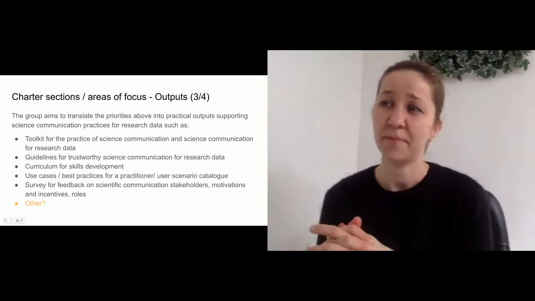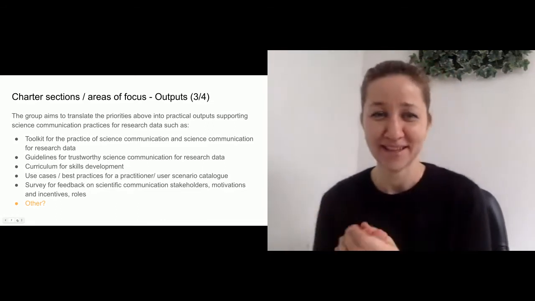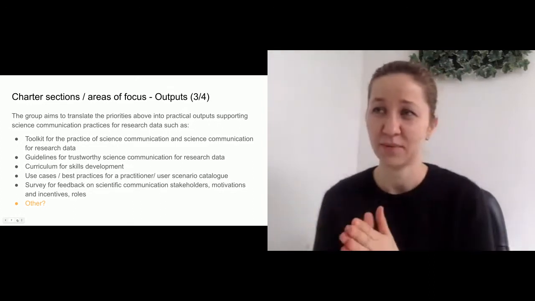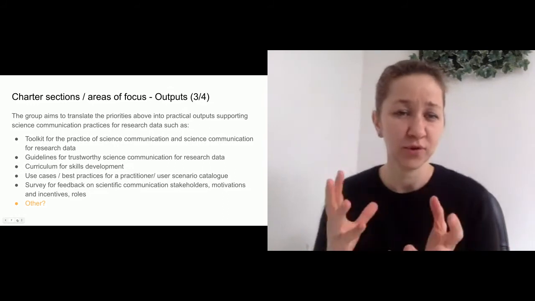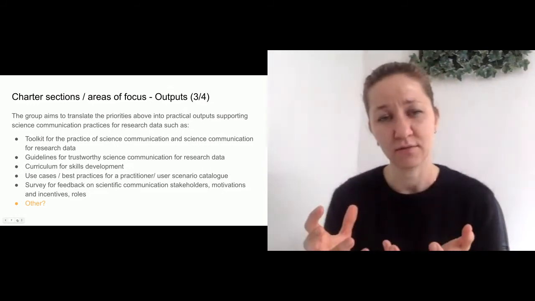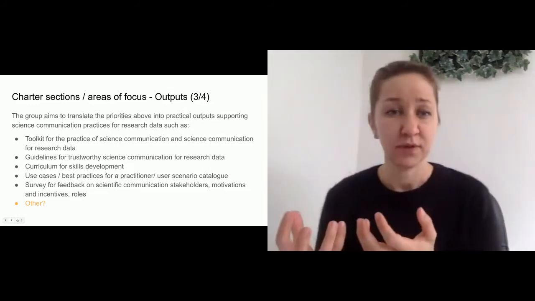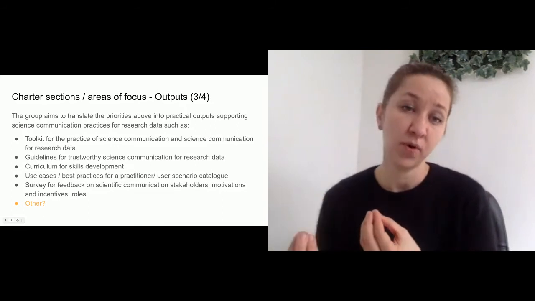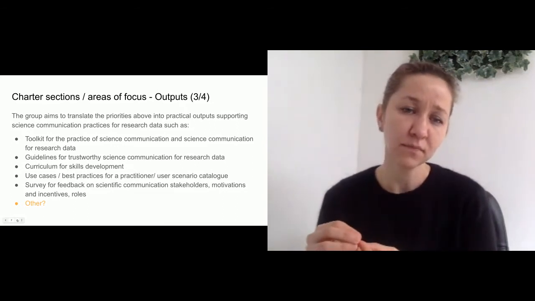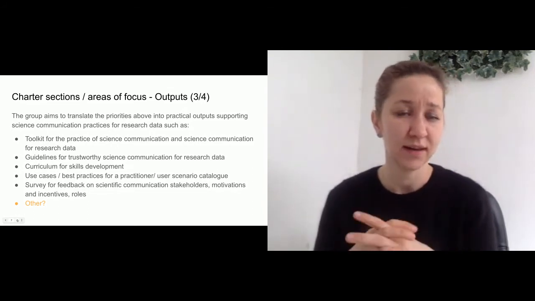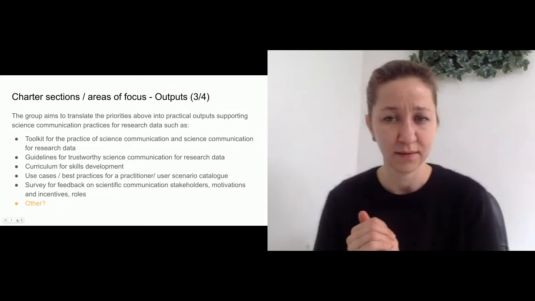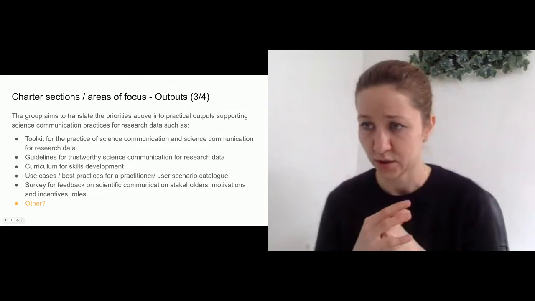So in addressing the priorities or the topics that we discussed during the BOF, we've also tried to translate those into specific outputs or things that the group can work on in order to address these gaps or the things that will come out of the wider discussion around the topics.